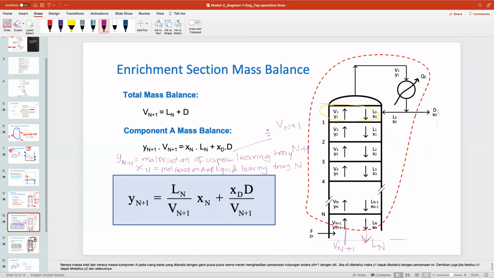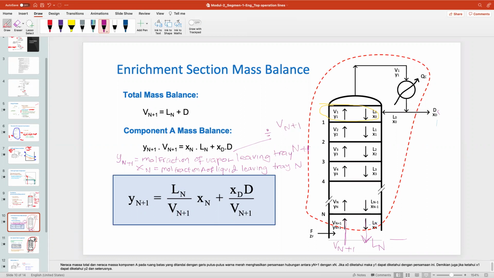Yn plus 1 cancels out on the left, and you end up with Ln divided by Vn plus 1 times xn, plus xD D divided by Vn plus 1. Ln is a number because you know the flow, for example 100.